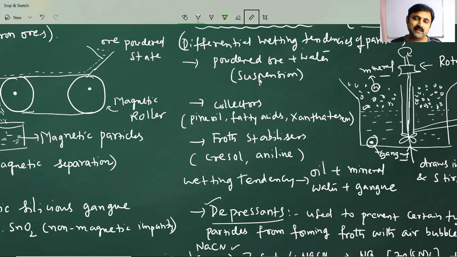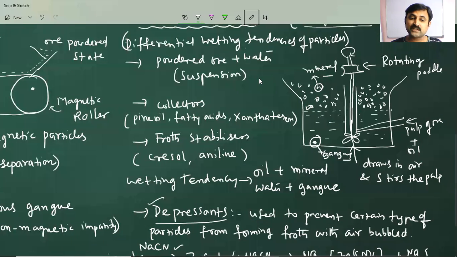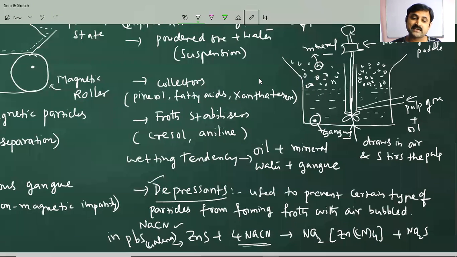That is what is given: it is possible to separate two sulfide ores. Here there are two sulfide ores, zinc sulfide and lead sulfide, both are ores. The separation is done by adjusting the proportion of oil to water using depressants. What are depressants? In the case of an ore containing zinc sulfide and PbS, the depressant used is sodium cyanide, and it selectively prevents the zinc sulfide from coming to the froth but allows the PbS to come with the froth.